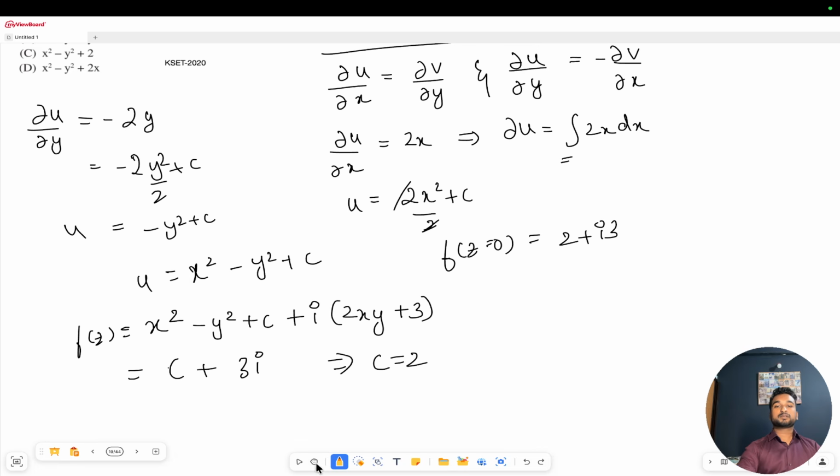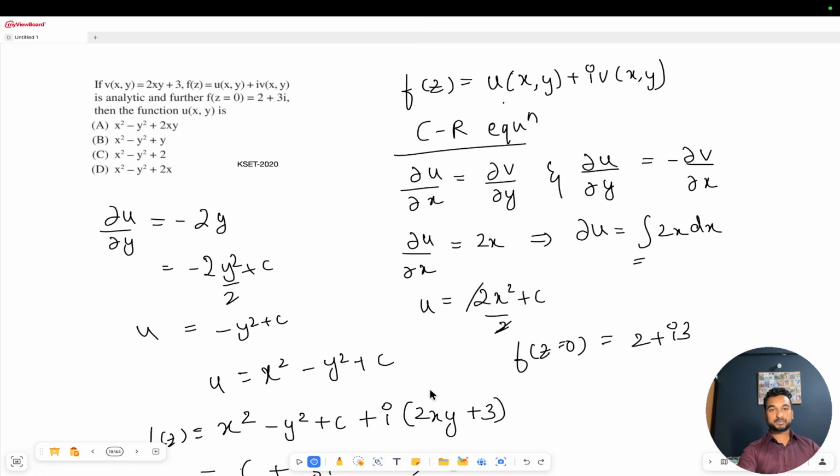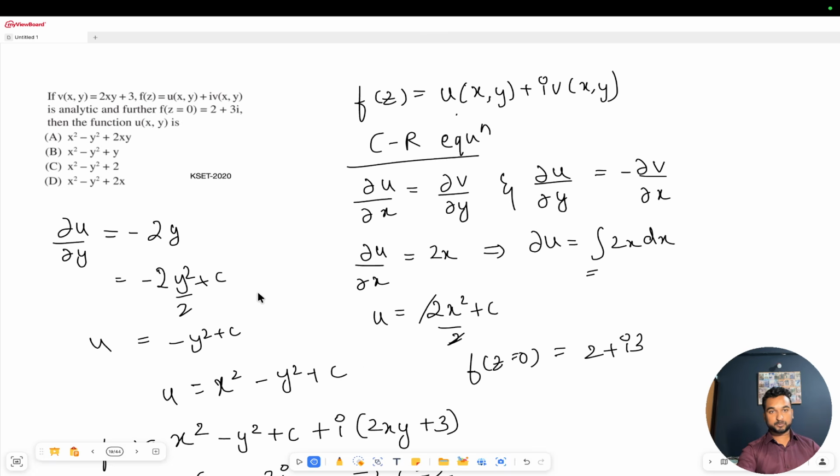So u of x comma y will be x square minus y square plus 2. Check which option gives x square minus y square plus 2. No, this is not, this is also not, this is also not. So option C.